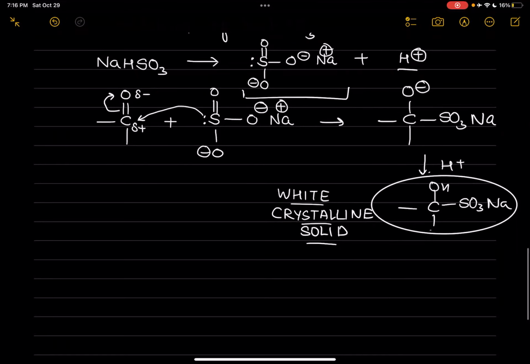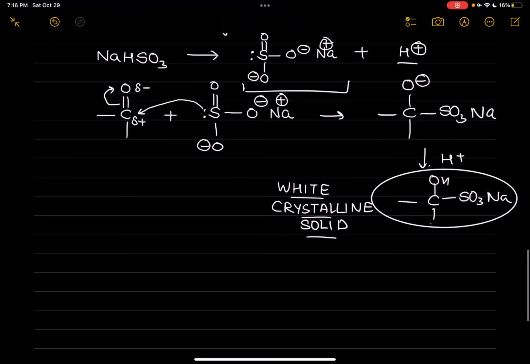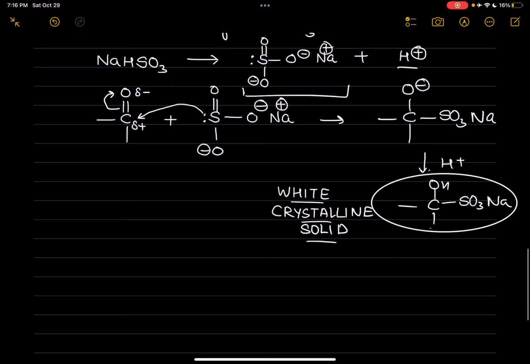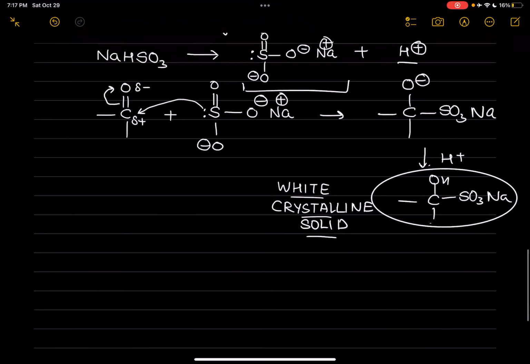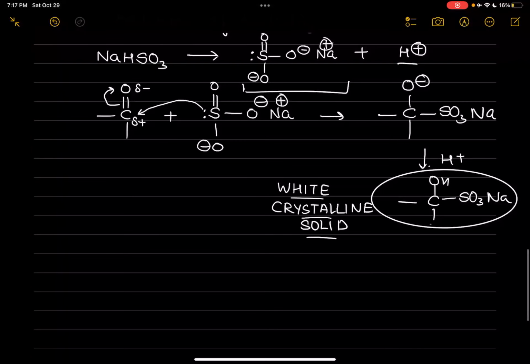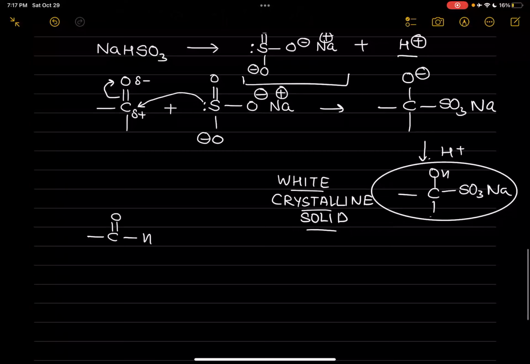And you can also use this to separate aldehydes and ketones. Which aldehyde and ketone are going to react? That's the main thing. Actually, aldehydes are more reactive, we have seen, and ketones are less reactive.